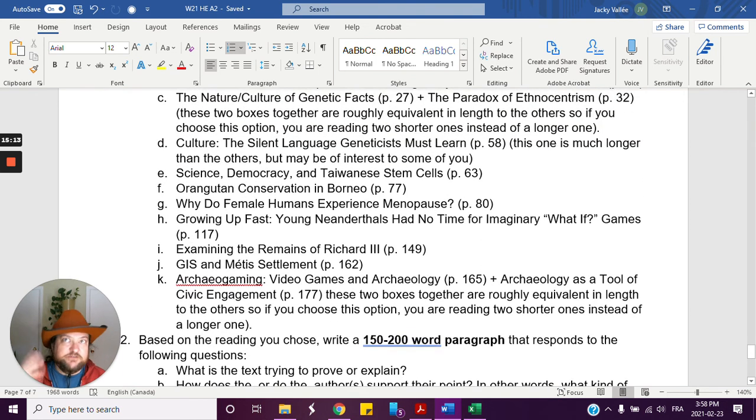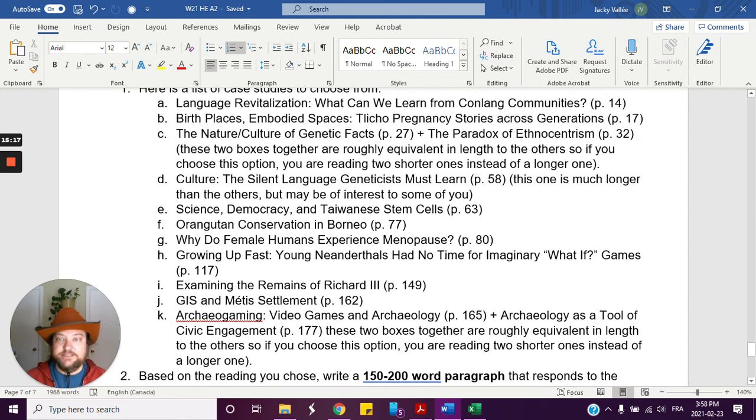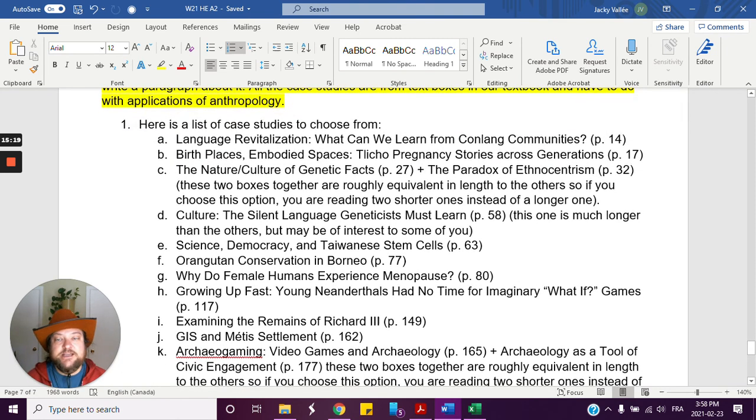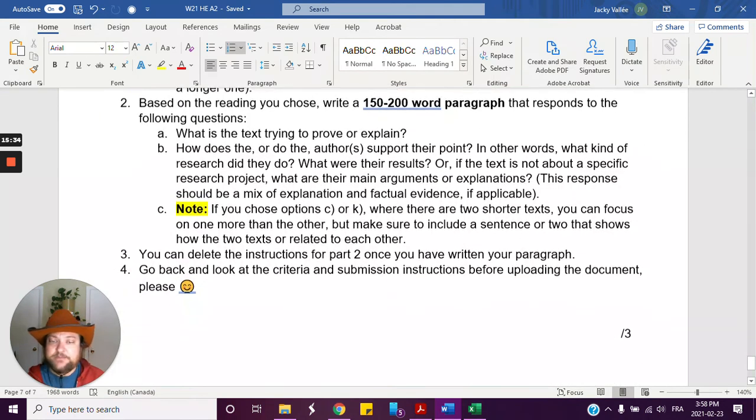Both of these are about reaching beyond academia. And here for C, you've got ideas about culture and interpretation of genetic facts, and then you've got ethnocentrism, which is also about interpreting things that happen in the world. So you can find some little connections there.